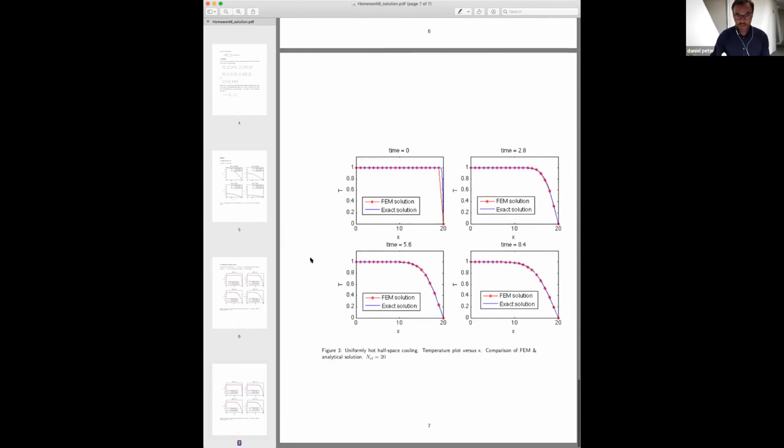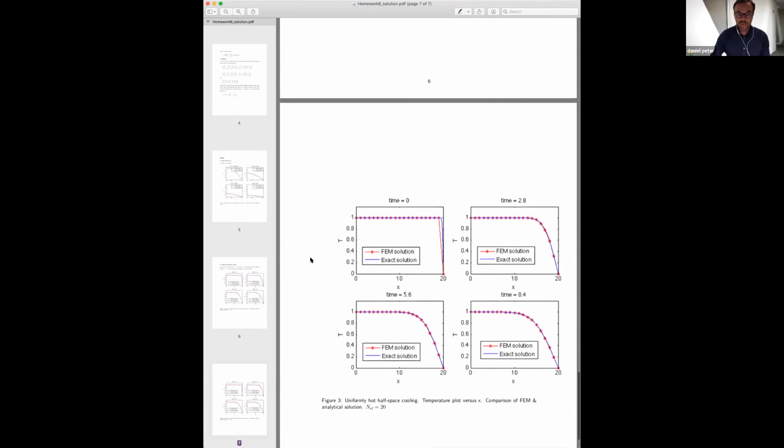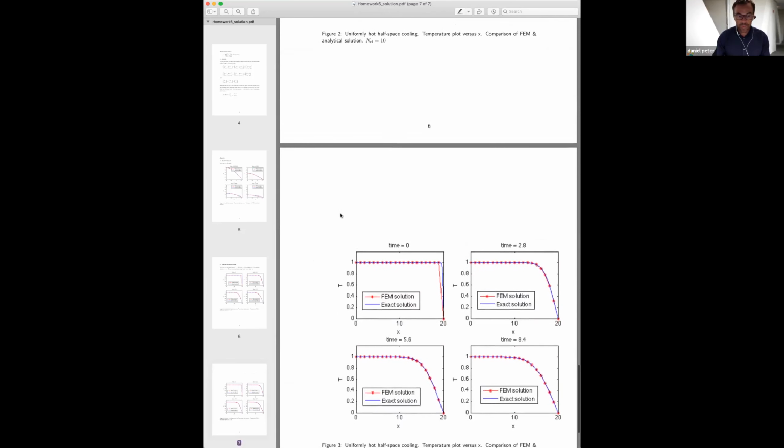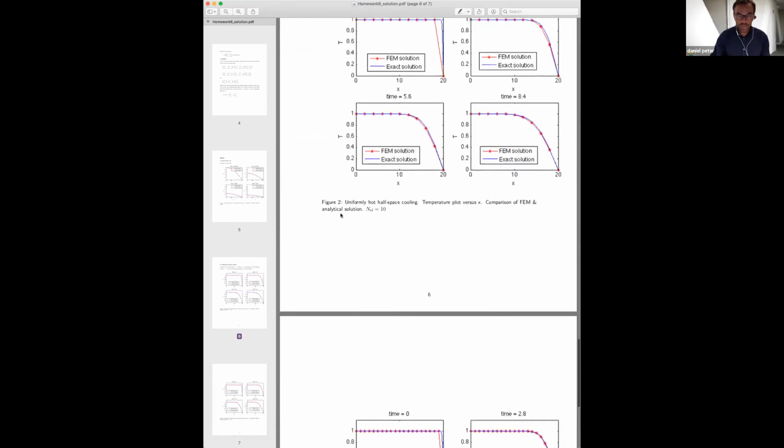Good, so this is just an increase of elements leads to an increase of the accuracy. Right.